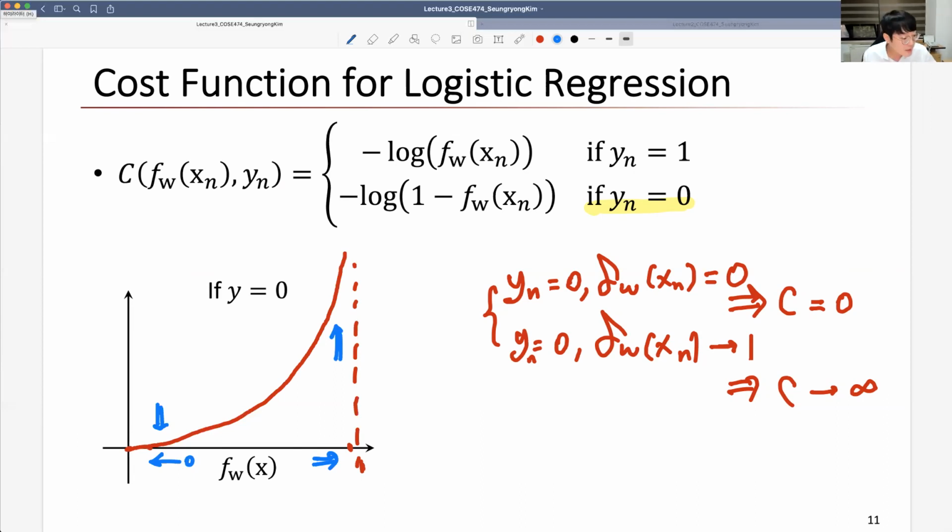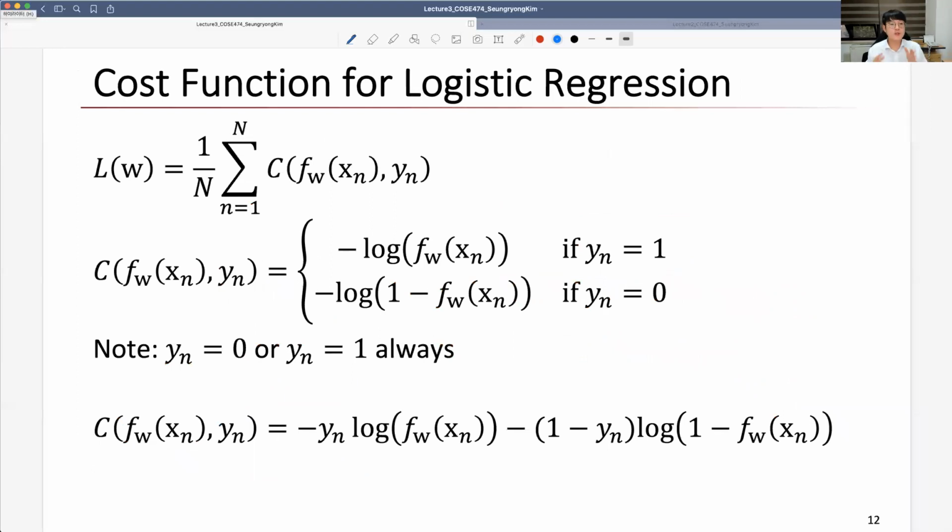Okay. To summarize, the cost function for the logistic regression is defined something like this. So this is the general notation of the cost function. Here, the cost function for the logistic regression is defined in two ways. When y is equal to 1, it should be something like this. And when yn is equal to 0, it should be something like this, right?